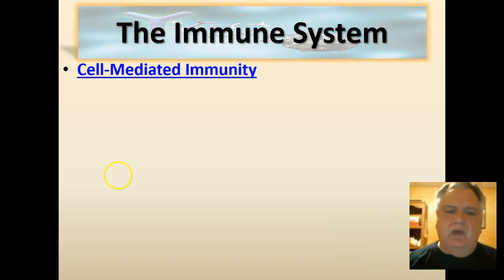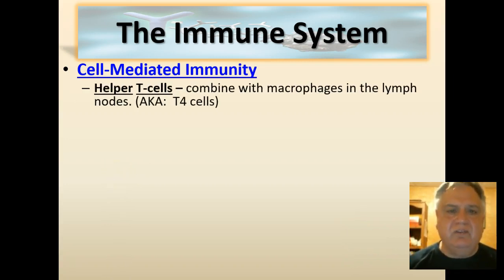Okay, so now let's take a look at the nuts and bolts of cell-mediated immunity. As the name suggests, this is going to involve cells that are going to be engaged in the immune response. We have several types of cells that are engaged. The first type we'll take a look at are what we call helper T cells.